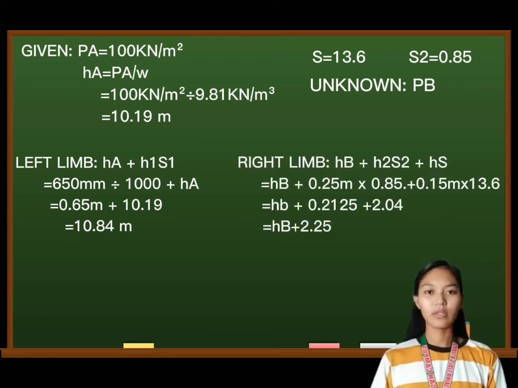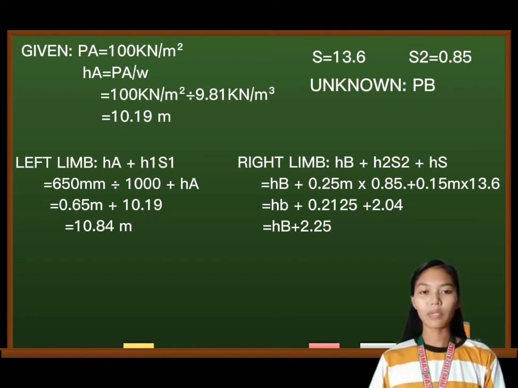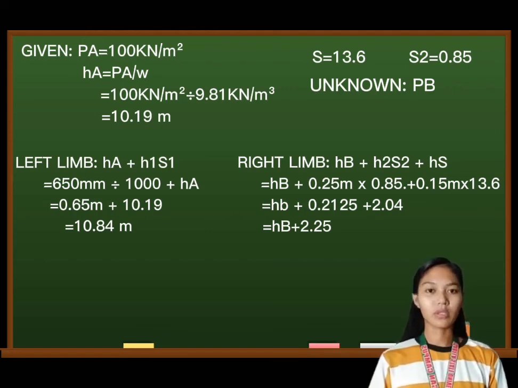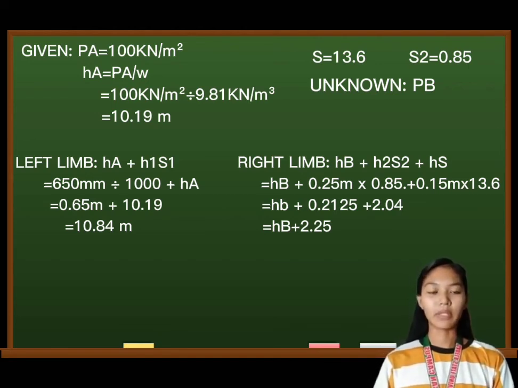Our right limb equation is HB plus H2 times S2 plus H times S. So, first, let's convert H2 and H. Our H2 is equal to 250 mm divided by 1,000 is equal to 0.25 meter.